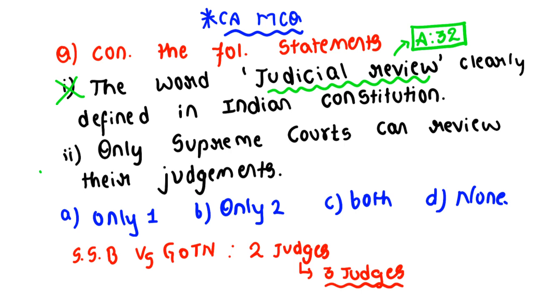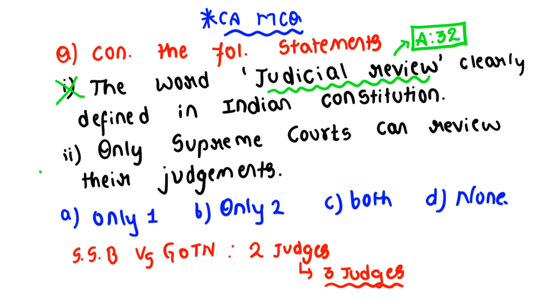Clear? So this is the judicial review. The verdict of one case might go to other benches. This is called judicial review. That is not defined in the constitution, but this is the implicit power of the court. Clear?